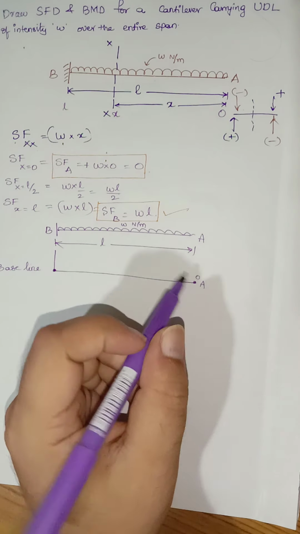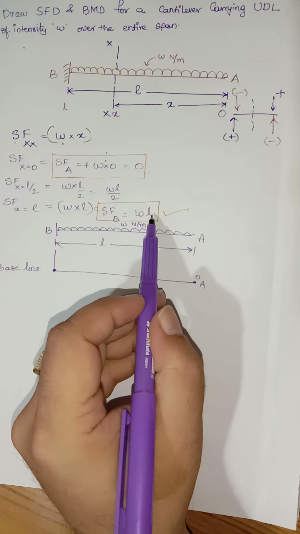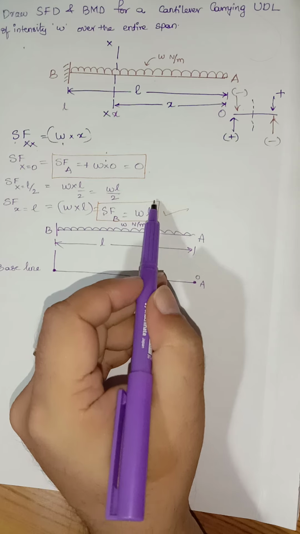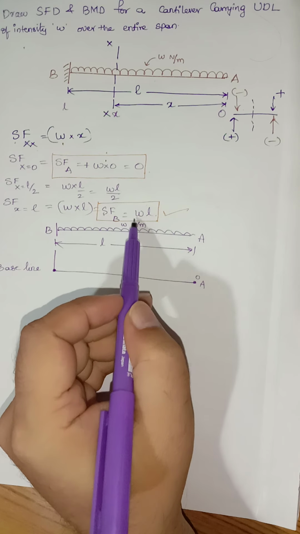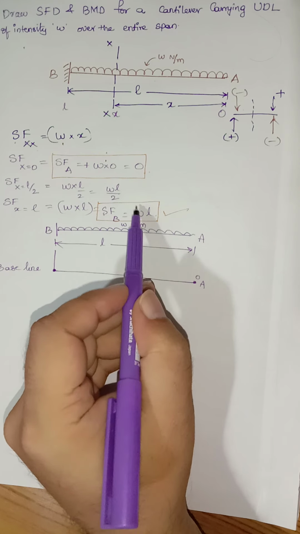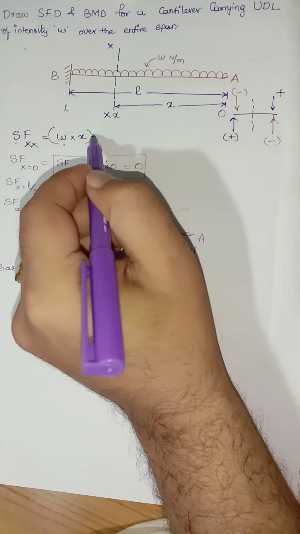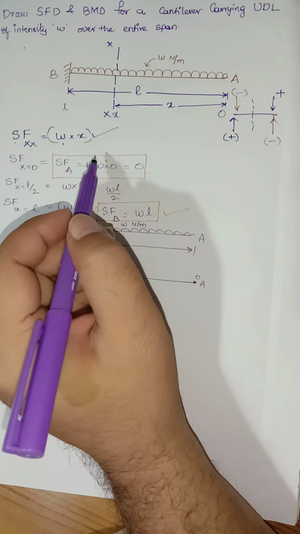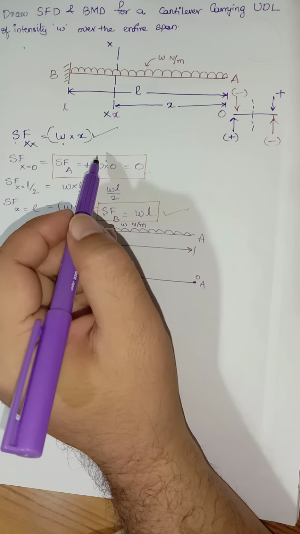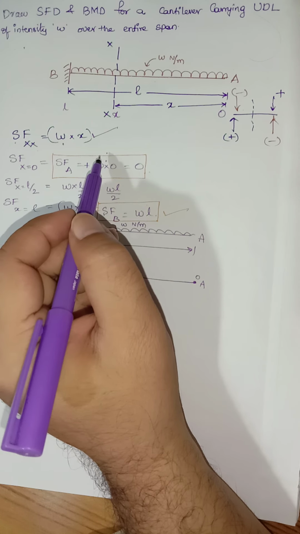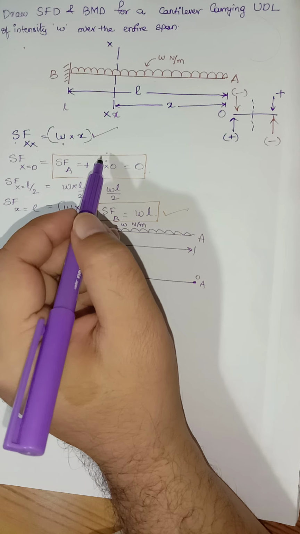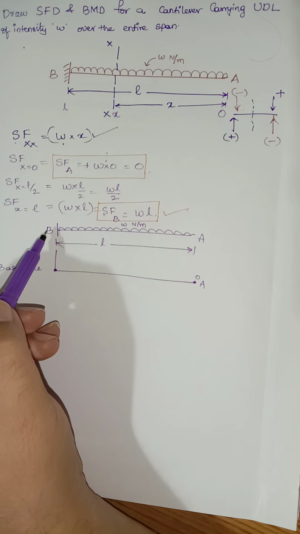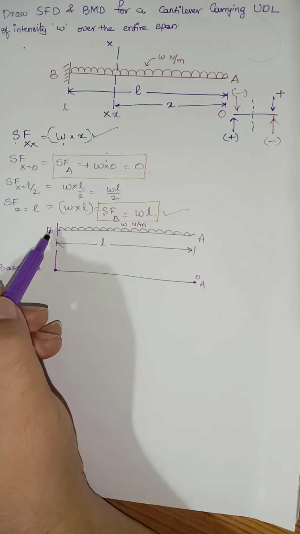Now, how does it vary? As you can see, it is a first degree equation. We have calculated one simple equation here, W multiplied by X. What is the power of X? It is 1. When you see an equation with power 1, a 1 degree equation, then the variation of either the shear force or bending moment will be linear.